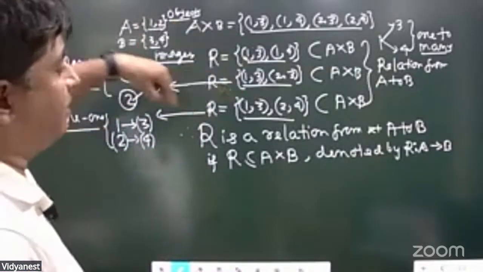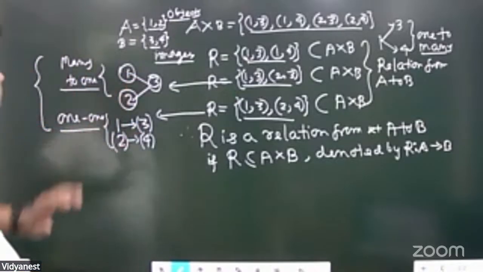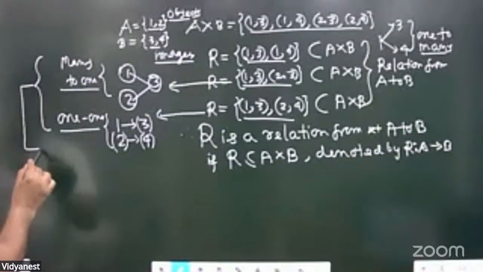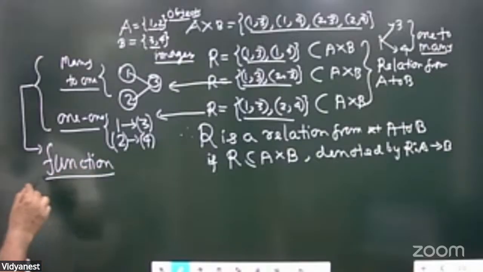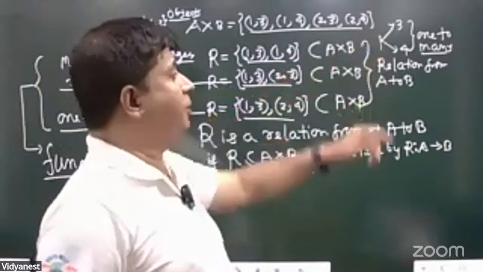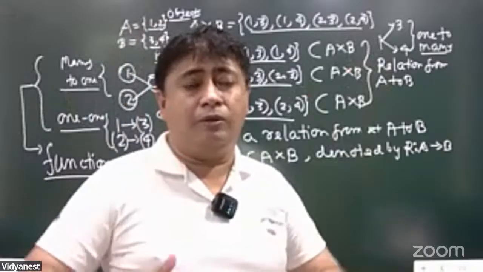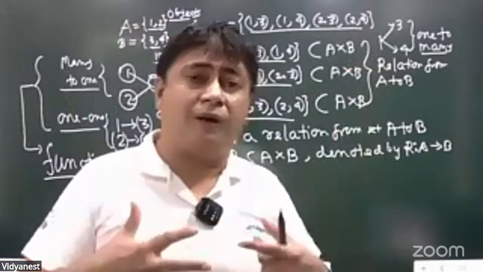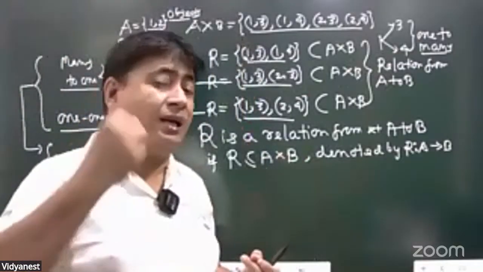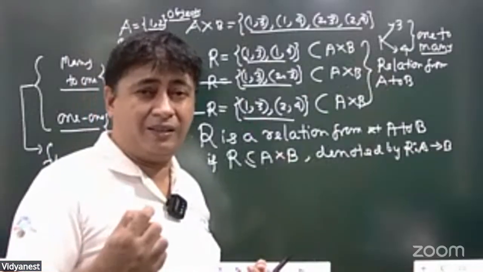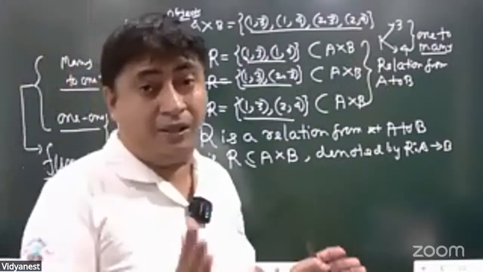Now, out of these three relations, the last two will be called function. Why? In math, you don't always believe in jugglery of theory. Sometimes some silly example we have to take. The example which I should not give, but it happens in our society.